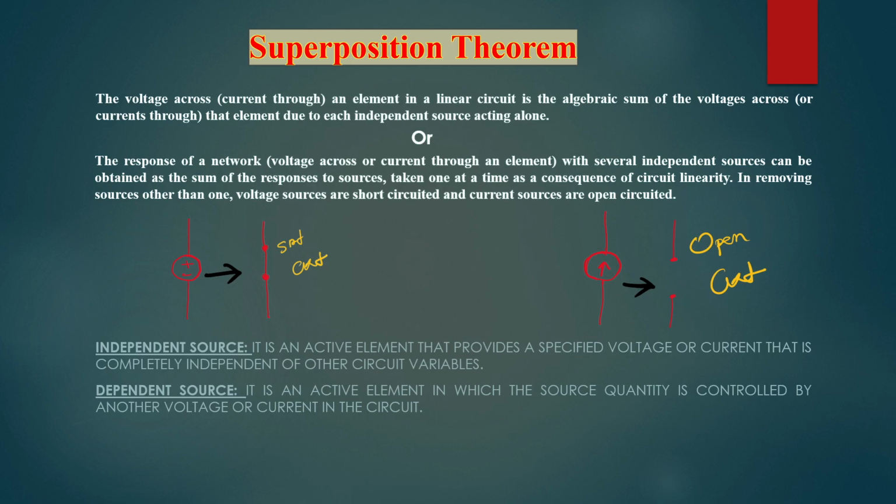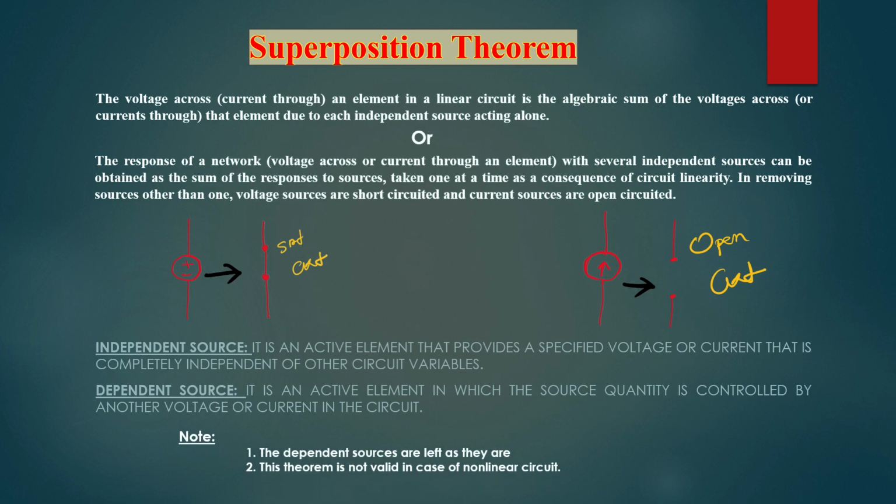Normally you can say an independent source does not depend on any other element or source present in the circuit, but a dependent source's output depends on or is controlled by another voltage or current in the circuit.